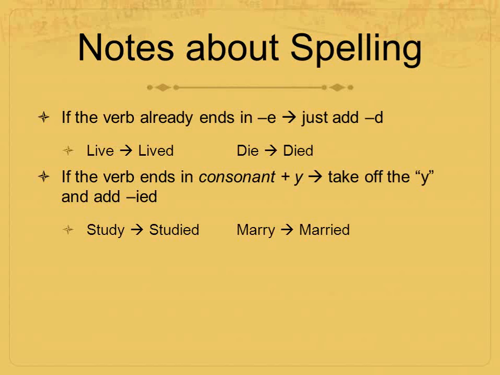Okay, so study. Study, we have D-Y at the end. D is a consonant plus Y. Study becomes studied. IED. Marry, we have RY at the end, consonant plus Y. This becomes married, IED.